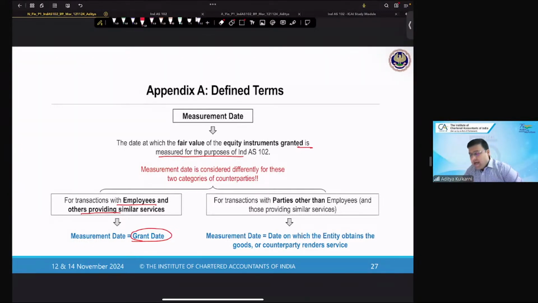But when I look at parties other than employees, the measurement date is the date on which the entity obtains the goods or the counterparty renders the services. Okay? So there are two different measurement dates. That is why when we saw the definition of counterparty, it's categorized into employees and other than employees. Why? Because the measurement date is different for employees, different for other than employees.